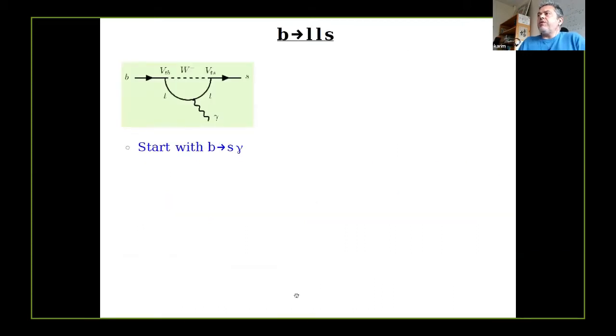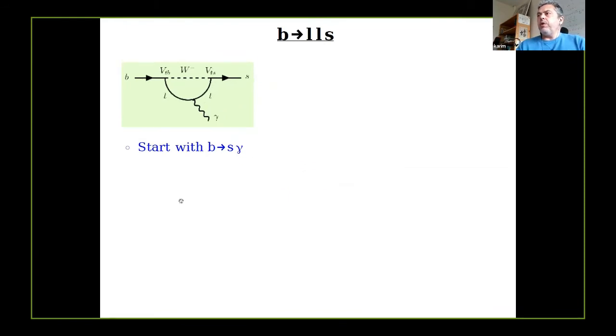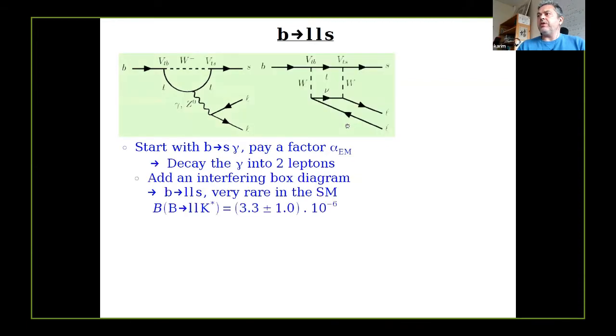So let's go first to the estimation of the branching ratio for B2SLL. We start here from B2S gamma, and actually I go from the diagram of B2S gamma to B2SLL, and the price to pay, sorry for that, is this additional factor, the decay of gamma into lepton.